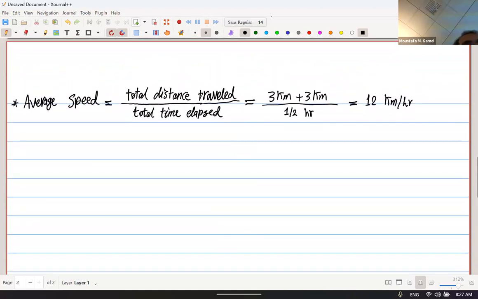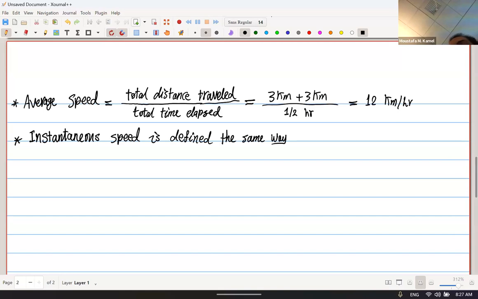So as in the instantaneous velocity case, we also have the instantaneous speed, which is defined the same way. You also take the average speed and make that average over an infinitesimally small amount of time. So I will just define it the same way as instantaneous velocity.